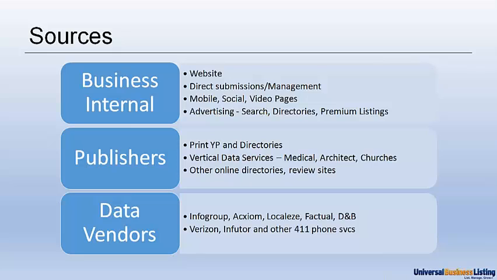Next are the publishers themselves, third-party publishers. And these include print yellow pages, which are still significant as the listings that they have, as well as the display ads, still represent a secondary source of profile information for the entities that provide the underlying databases for search sites.